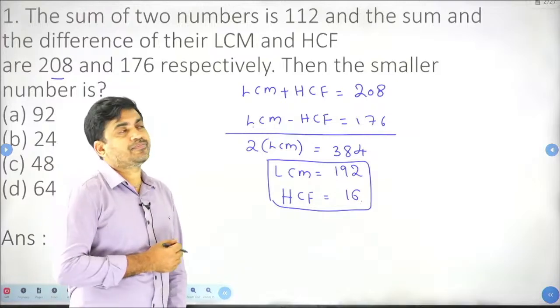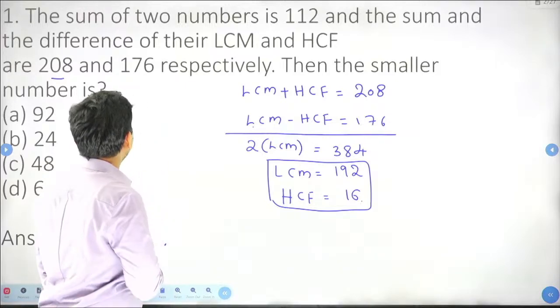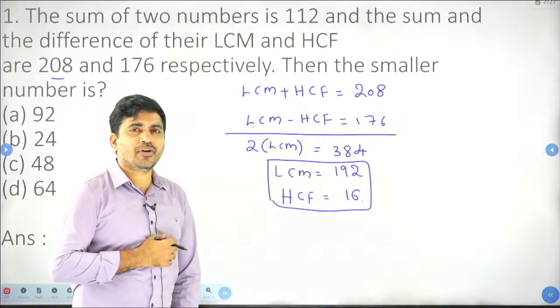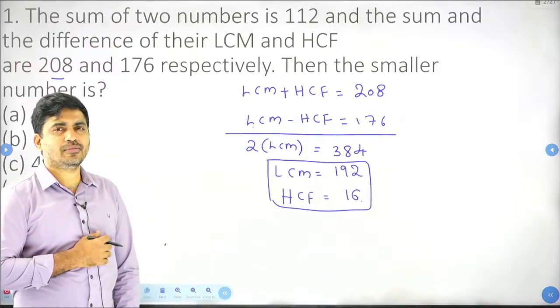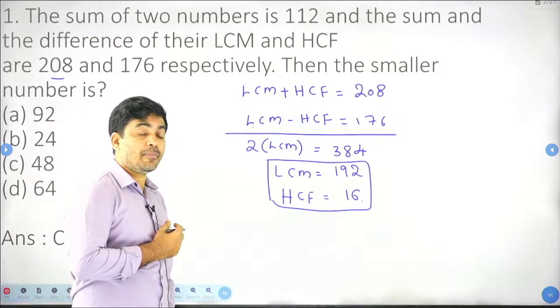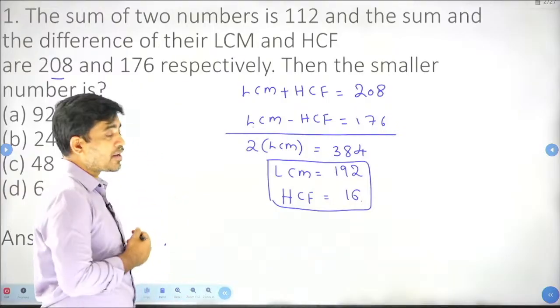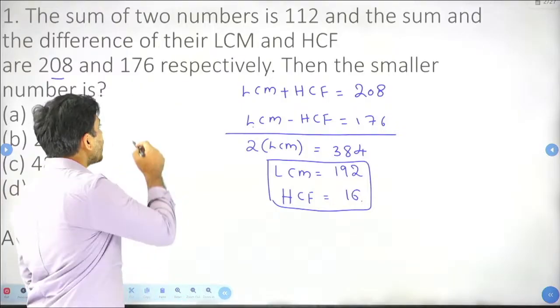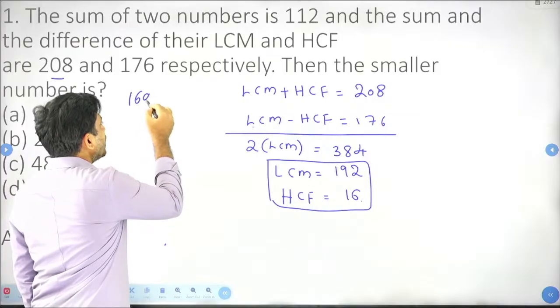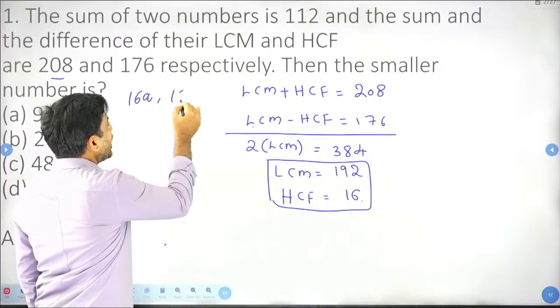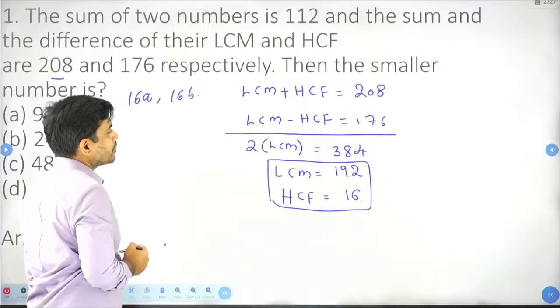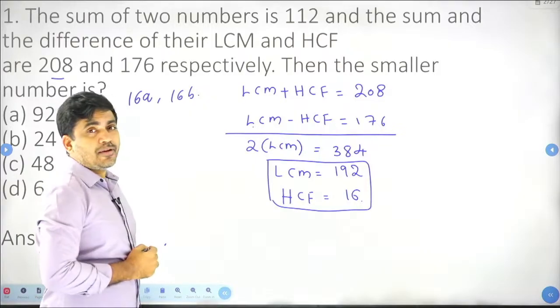What is next? Go to the first line. The sum of two numbers is given as 112. We don't know what the numbers are, but you know the highest common factor is 16. So we assume the numbers as 16a and 16b. What are a and b here?